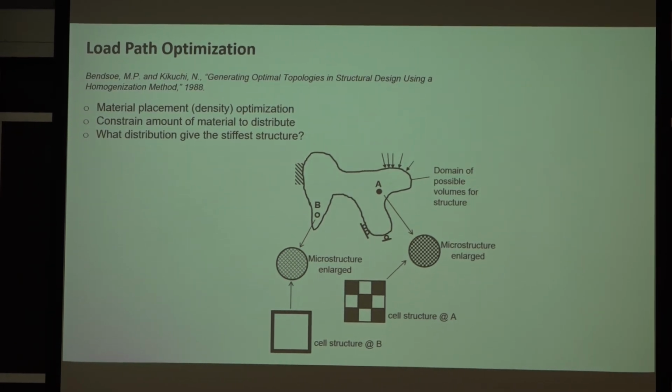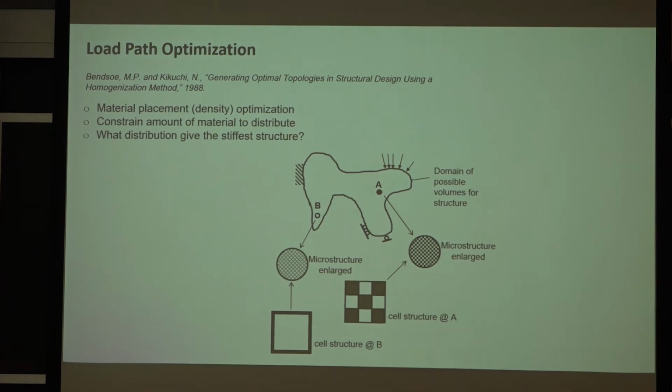Bendsøe, who's from Denmark, and Kikuchi wrote this paper in '88 about what we call today topology optimization. They started off with some kind of random structure like you see here, and they put on the structure some kind of random boundary conditions of different tractions and different forces in different directions, different constraints, okay?